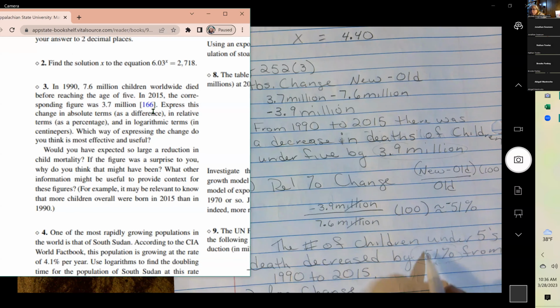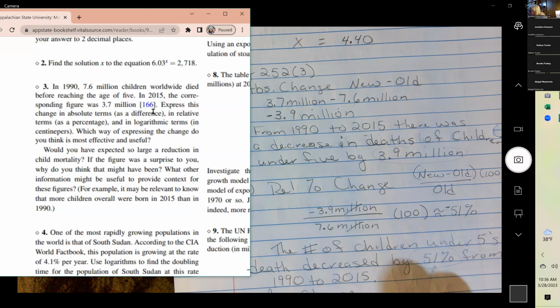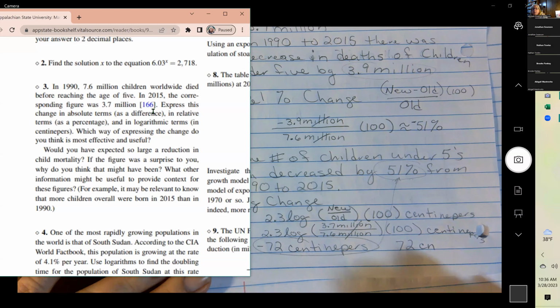So take out the 51% and put 72, and you can even use CN for centimeters. Because the centi is the centi, like centimeters. It's just the metric.